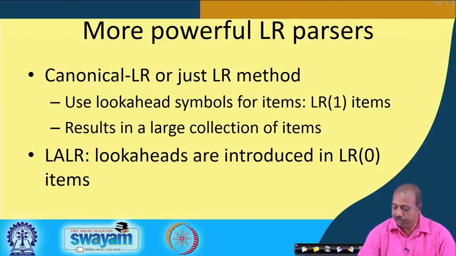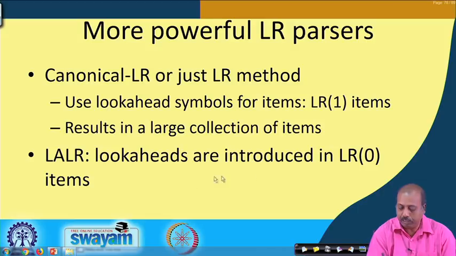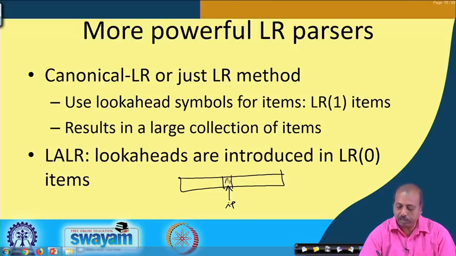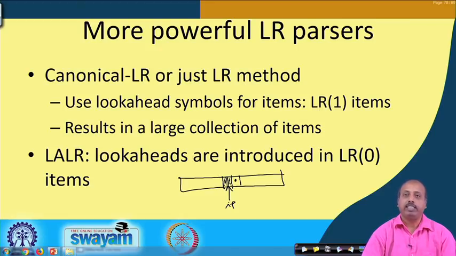If this is your input stream, and at present your input pointer is here, in case of the SLR parser we were taking a decision based on this particular input symbol only, but in case of the LR1 parser, we will be looking ahead by one more symbol. We will look into the next symbol also and accordingly take a decision.